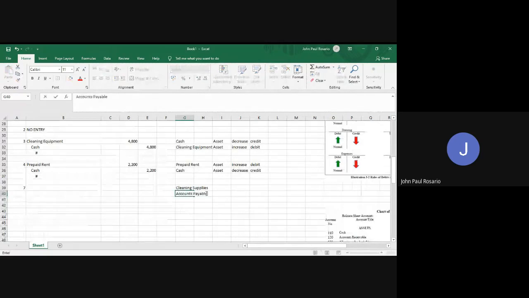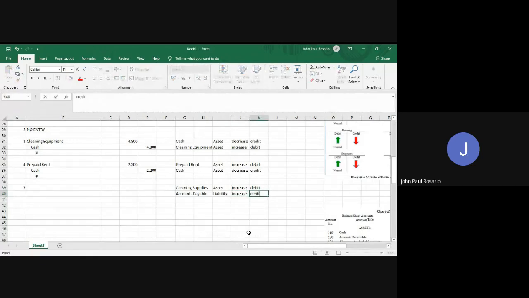So cleaning supplies is an asset. Did it increase? Of course, cleaning supplies increased since they arrived. So debit. And then accounts payable is a debt, so a liability. Did it increase? Yes, your debt increased. So increase in liability is credit.